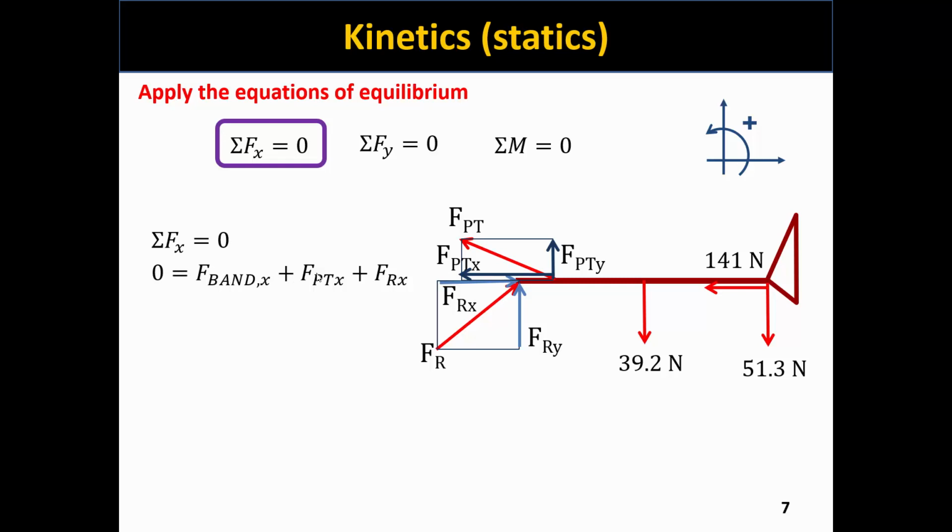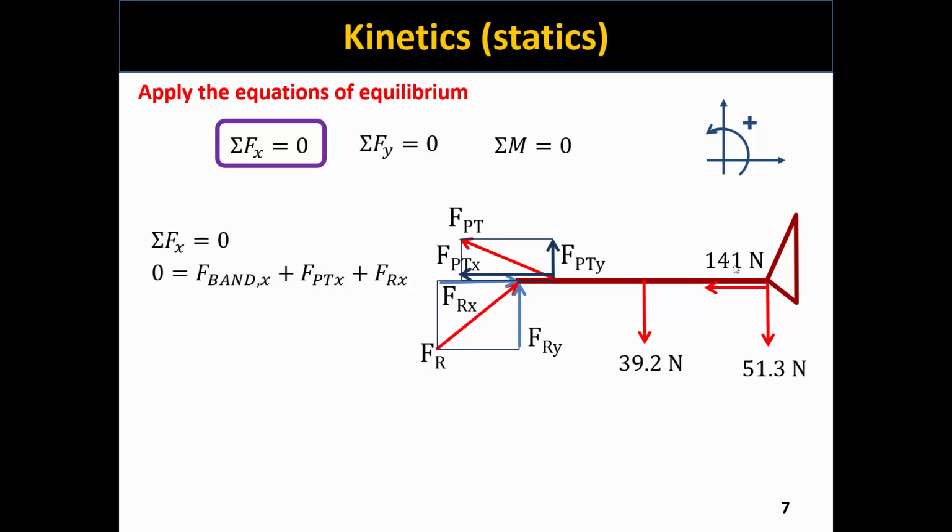And so what I like to do here is start on the distal end. You could start on the proximal end as well, but I like to typically start on the distal end, and I move from the right to the left, or from the distal towards the proximal, and I start accounting for all of the horizontally directed forces.